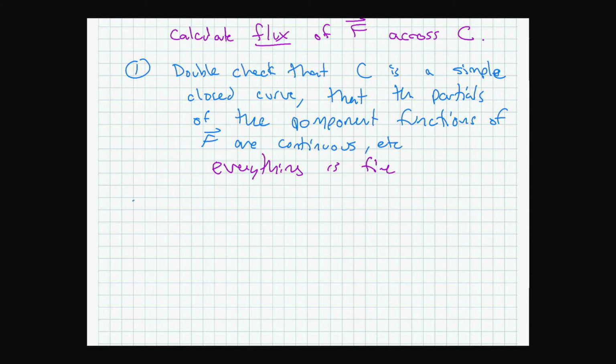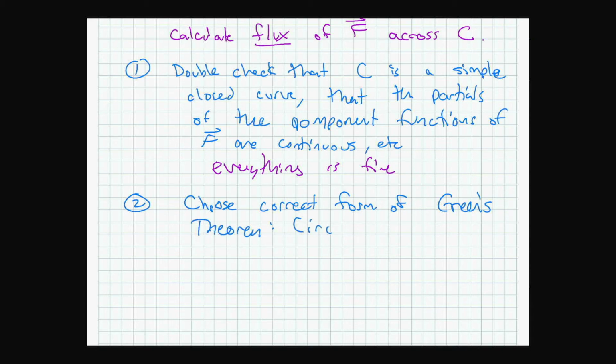So move on to the next thing we need to do. There are two forms of Green's theorem, so we need to consider whether we're doing the flux form or the circulation form. Choose the correct form of Green's theorem. We have circulation, which is the normal kind, or flux.